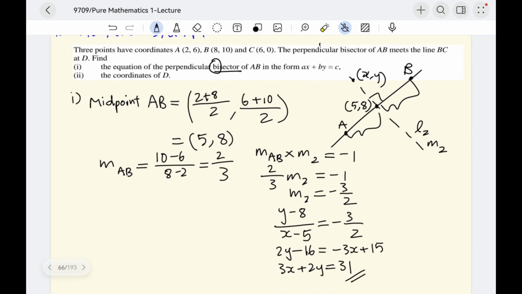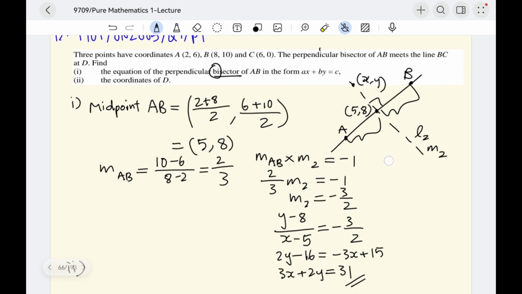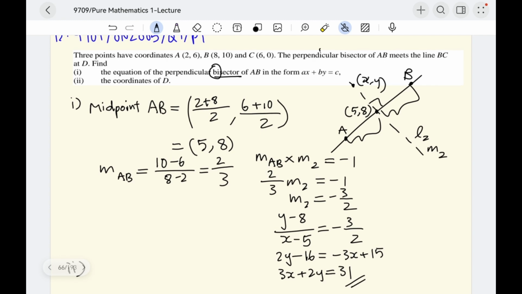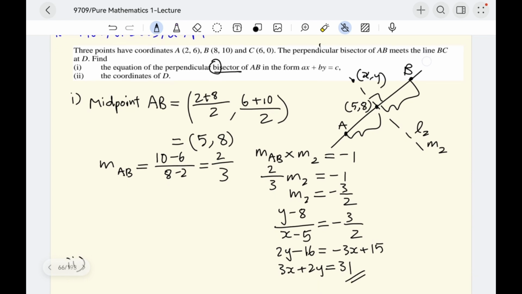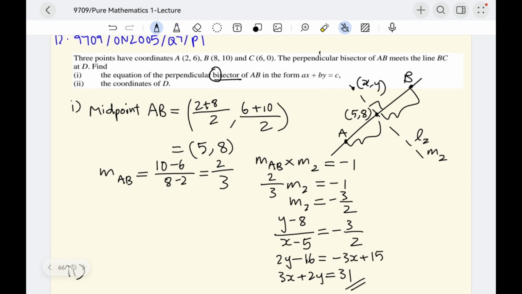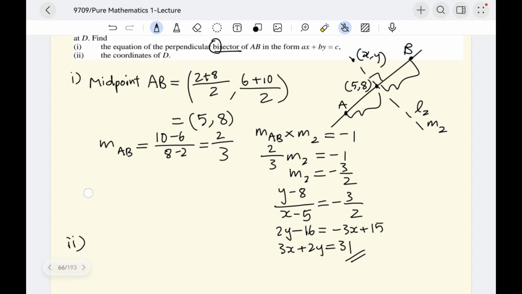And let's move on to the next part, which is part 2. Find the coordinates of D. So the perpendicular bisector of AB meets the line BC at D. So first of all, you need to find the gradient of BC first, before obtaining the equation of BC.